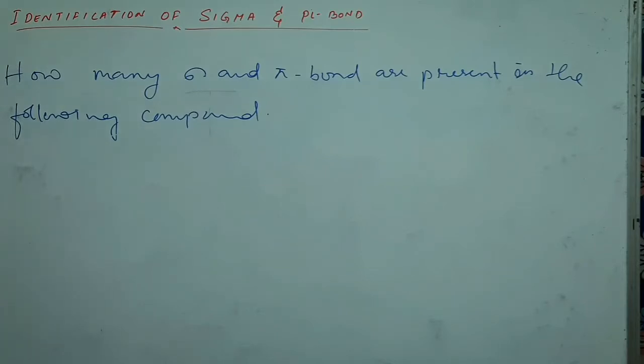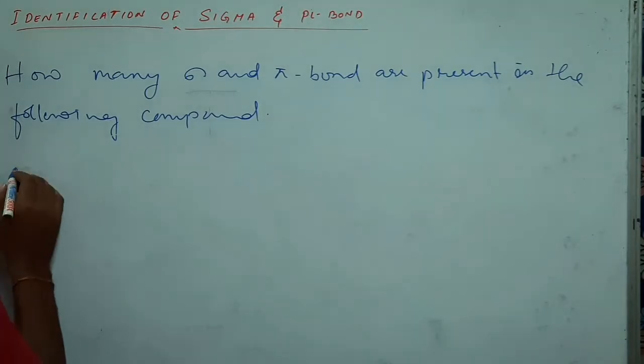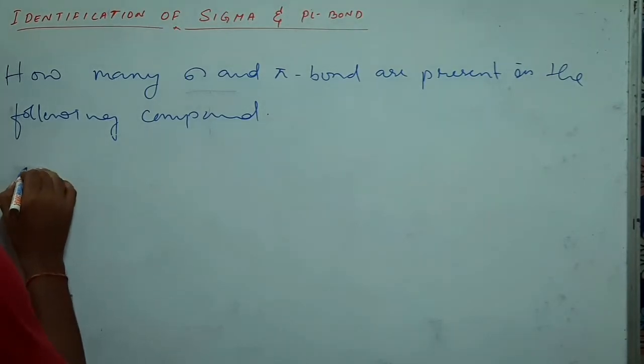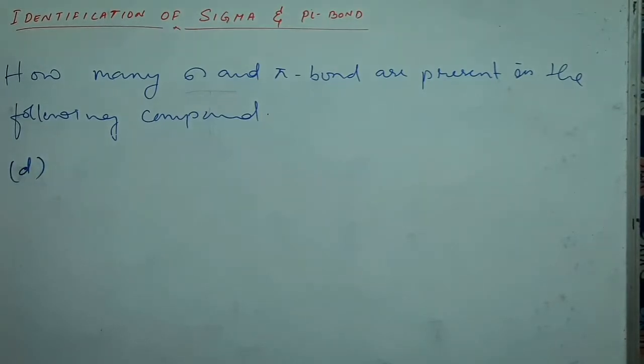So here also they are asking us to find the number of sigma and pi bonds. We will take one more question, and then you will try others. I'll give you homework on this also.